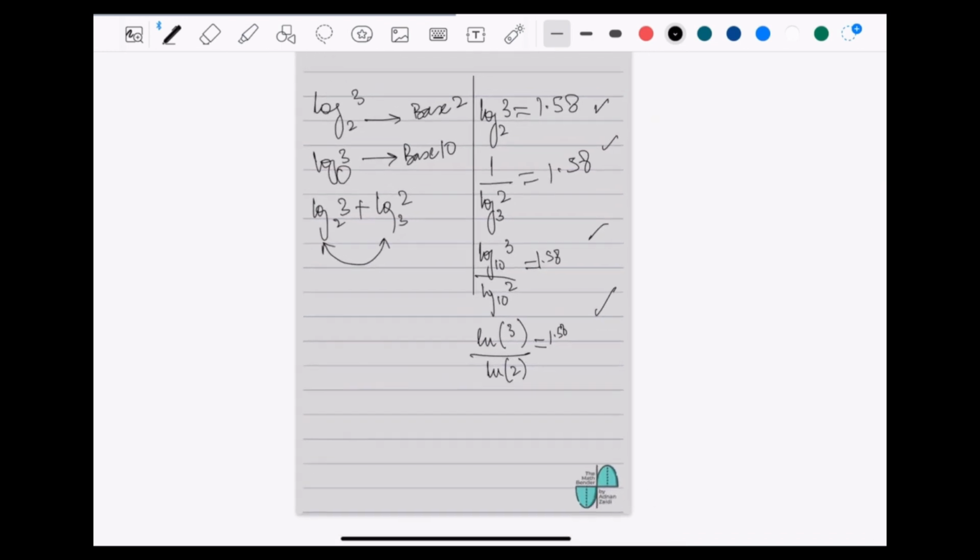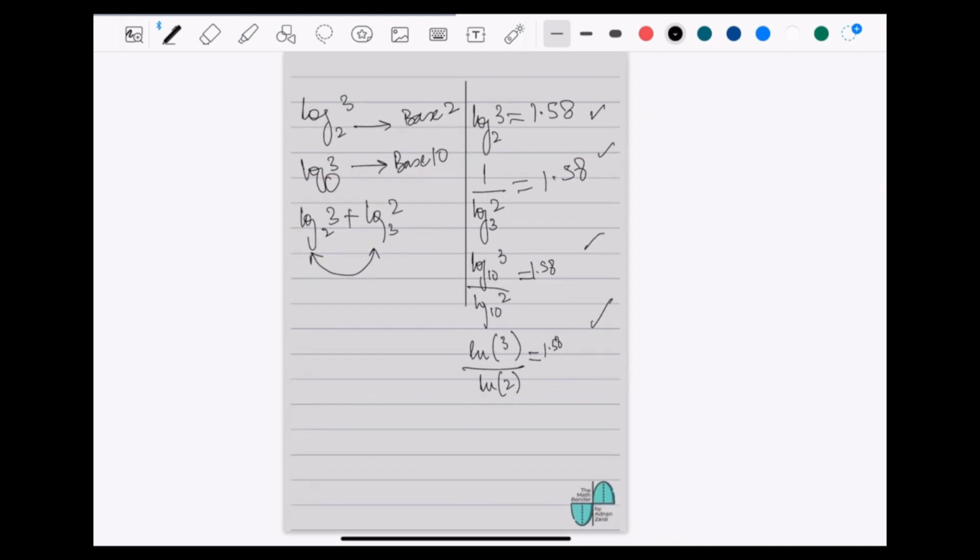So I can write them as a law: log a of b, if I want to generalize it, can be written as 1 over log b of a, or I can also write them as lg b over lg a.